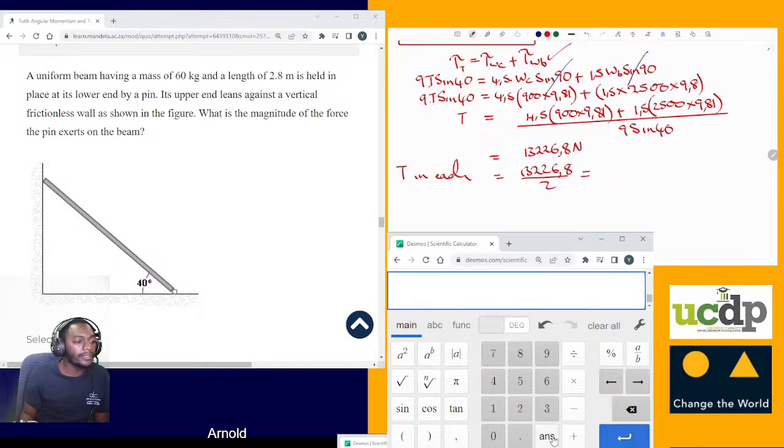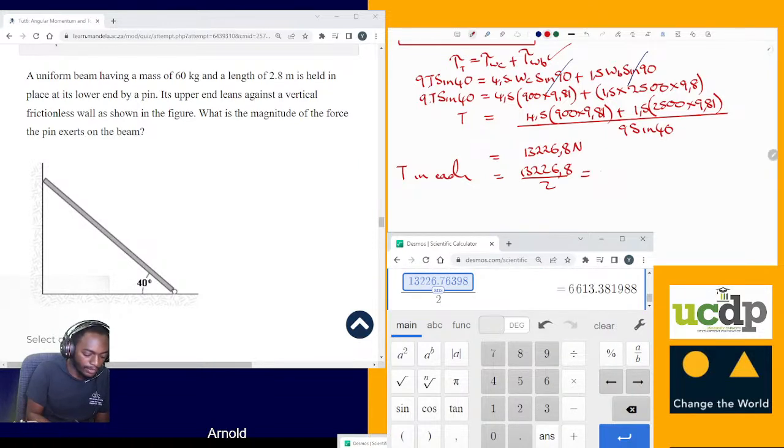So basically this we divide by 2. We get 6,613. That is your tension in each. Okay. So that is how we have tackled that problem.